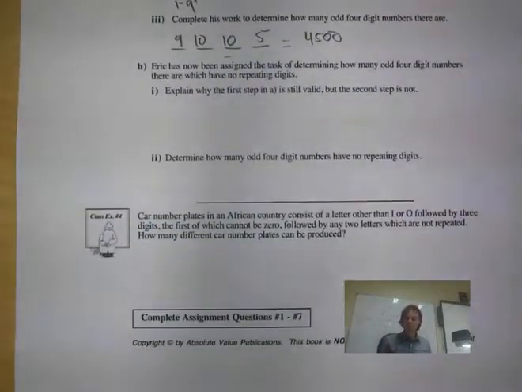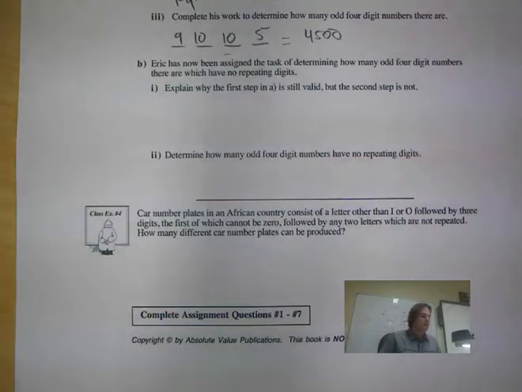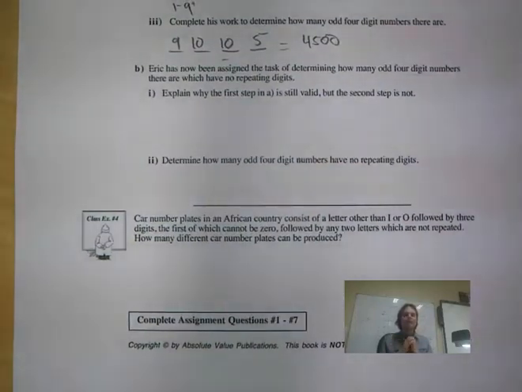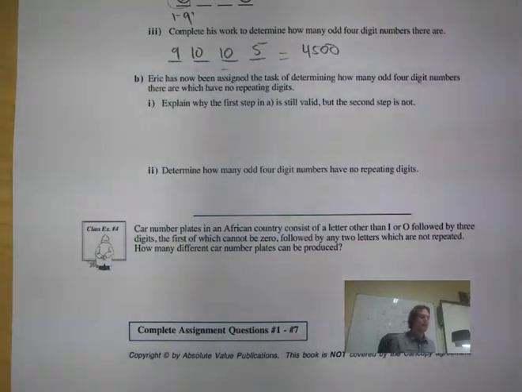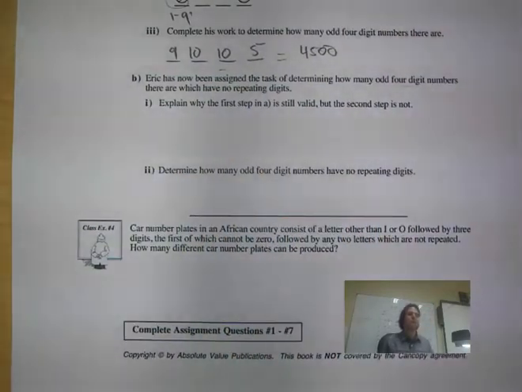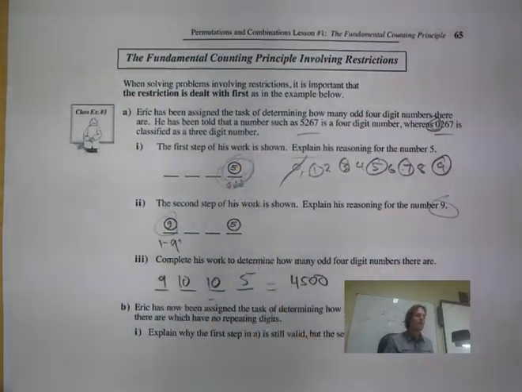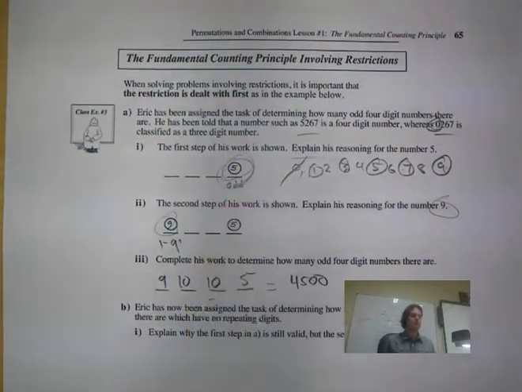Okay? Now the next part says, he was given a new task. It was to determine how many odd digit numbers there are without any repeating digits. So if I look at that, it says here, explain why the first step, step A, is correct, but not B. Well, let's take a look. Step A, it still must be odd, right? So there's still only 5 there.